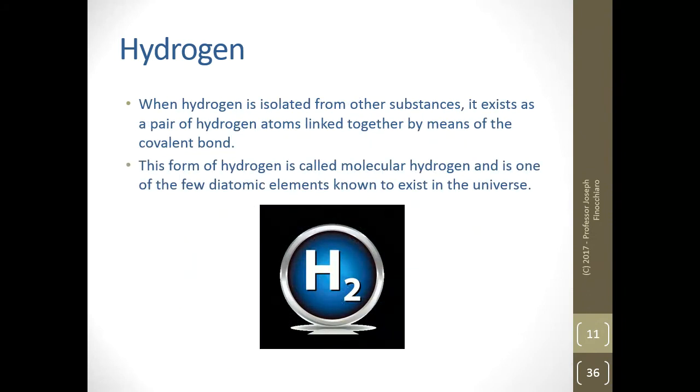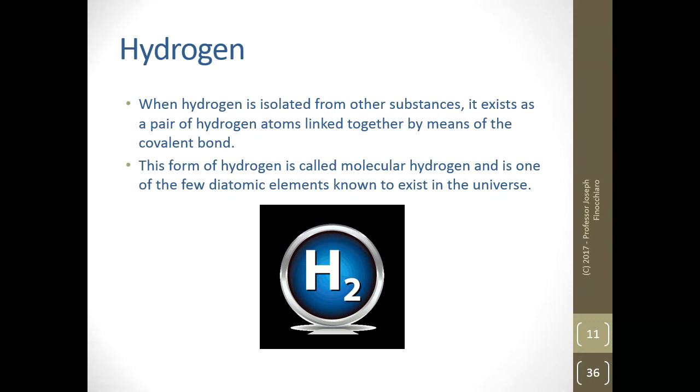When hydrogen is isolated from other substances, it exists as a pair of hydrogen atoms linked together by means of a covalent bond. This form of hydrogen is called molecular hydrogen and is one of the few diatomic elements known to exist in the universe. Diatomic means it occurs naturally in a pair.